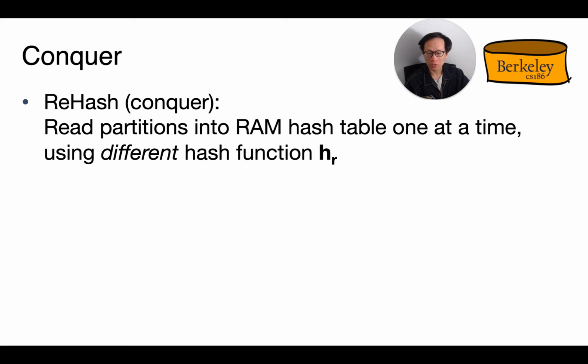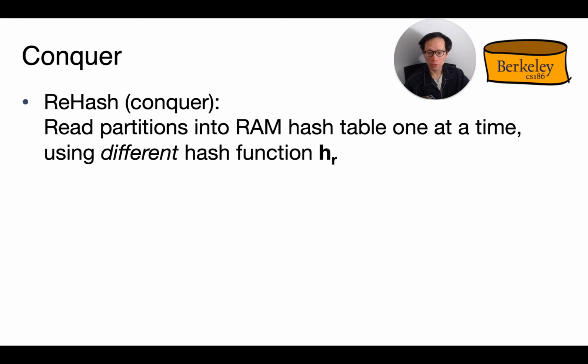How do we deal with the non-consecutive values problem that I talked to you about on the previous slide? Well, this is where the conquer phase comes in. In the conquer phase, we will rehash the partitions that we have divided up, so we are going to read each partition back into memory and create an in-memory hash table, 1 partition at a time.